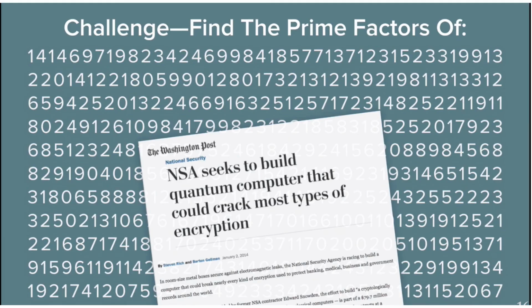The first one that's pretty well known is the ability for a quantum computer to one day crack encryption protocols like RSA. And there's lots of speculation that the NSA, for example, has a quantum computer specifically to try to do this. I think it's inevitable that one day this will happen, but in order to crack RSA, we're going to need many, many, many qubits, many more than we're going to have for a long time.